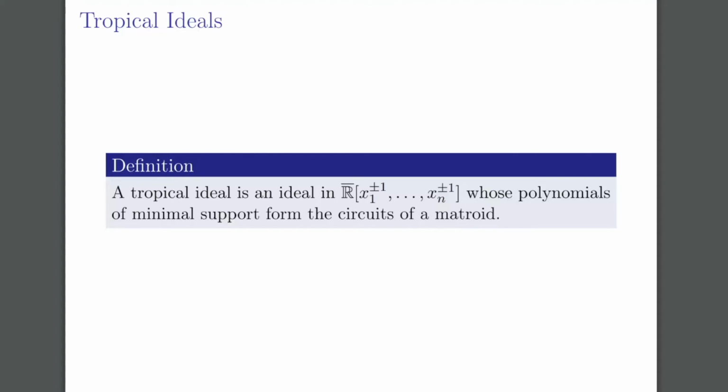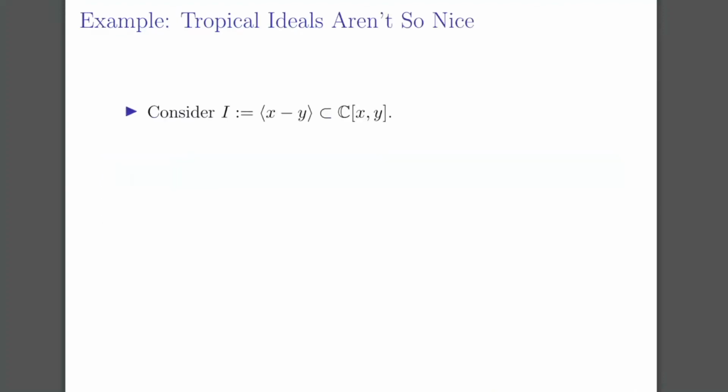It turns out that this definition has great consequences. But before I tell you about the great consequences, I'm going to tell you about the not so great consequences. Tropical ideals aren't very nice for some reasons. Let's start with an example of a realizable tropical ideal.